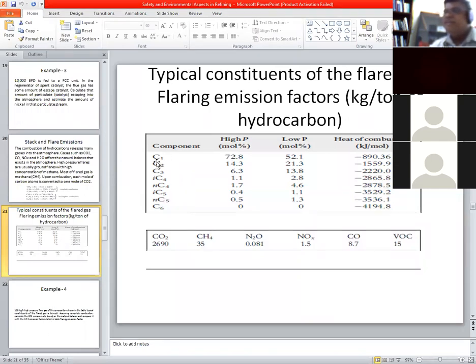In C1 there is only one mole of carbon, in C2 there are 2 moles, in C3 3 moles, in butane 4 moles, and in pentane 5 moles.